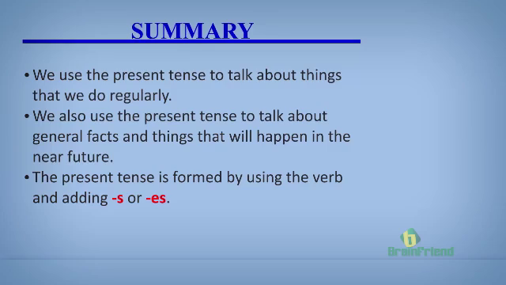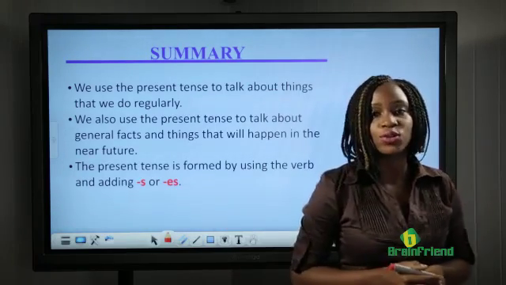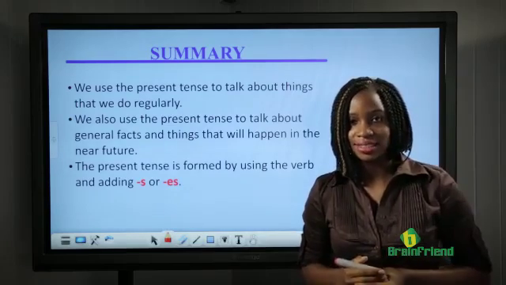That is the end of our lesson on the present tense. I hope you now know exactly how to form the present tense with different verbs, and also know how to correctly use the present tense in speaking with your friends and everyone around you, and also in writing.